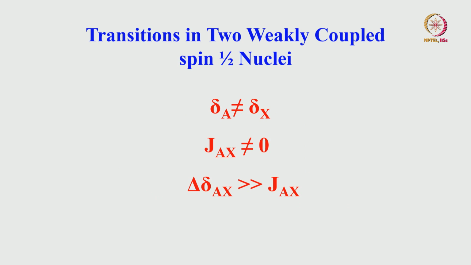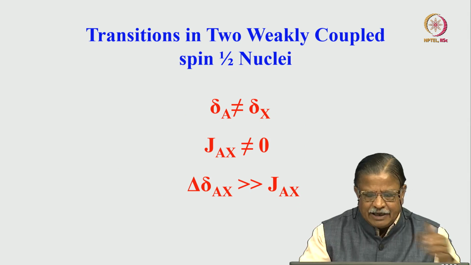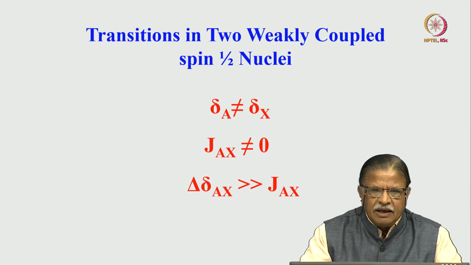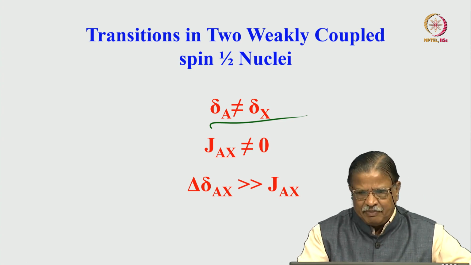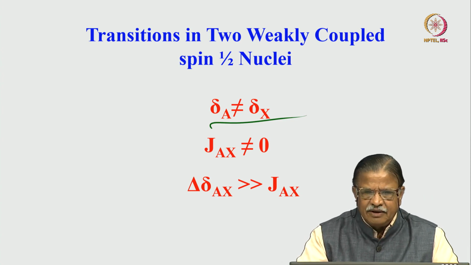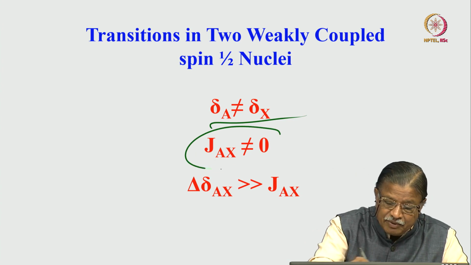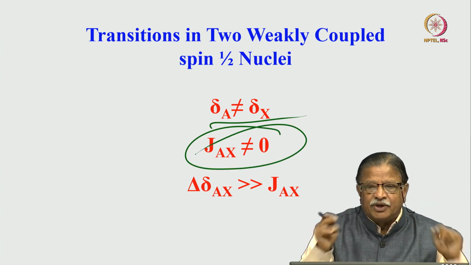Now, what will happen in the transition to weakly coupled spins? In this case the chemical shifts are different, delta A and delta X, like in the previous example. But in this condition, I am assuming JAX is non-zero.